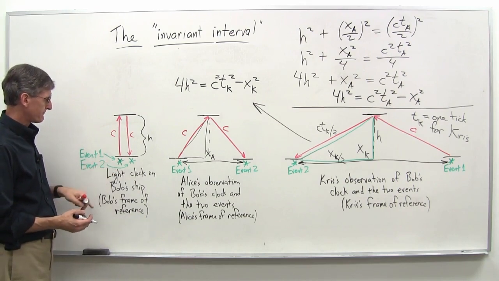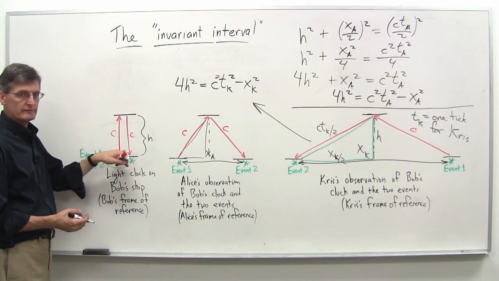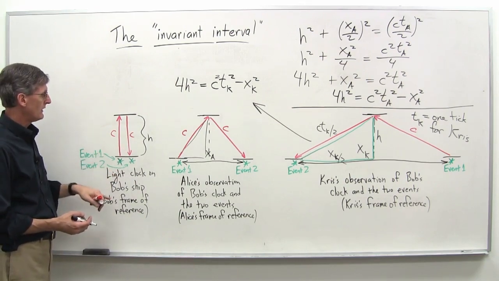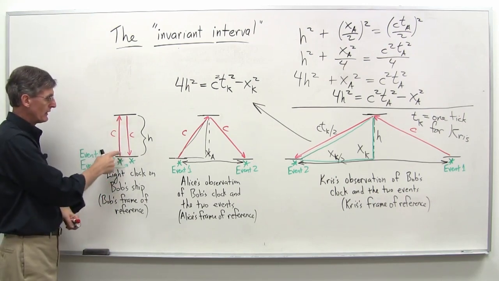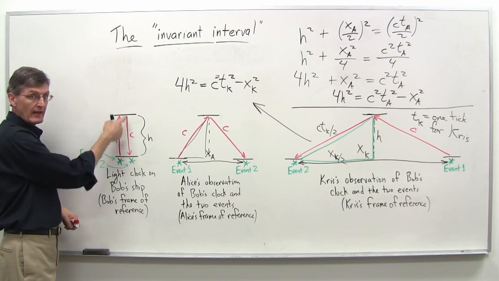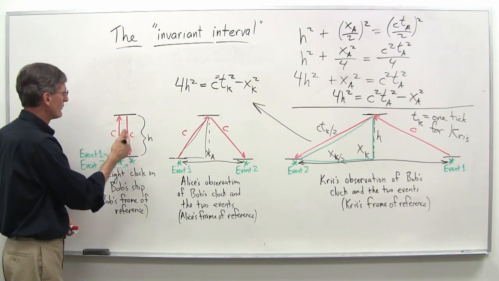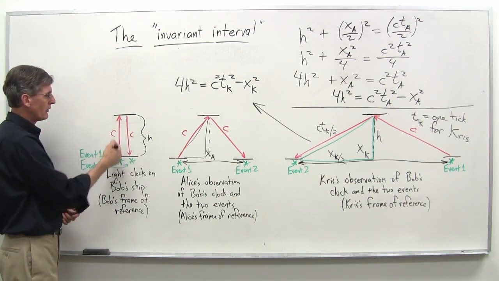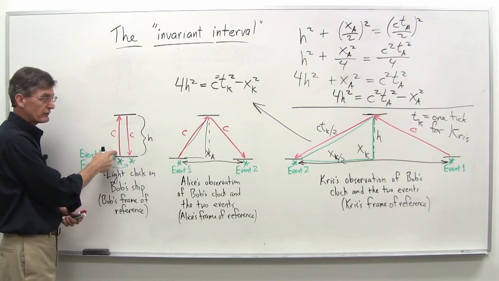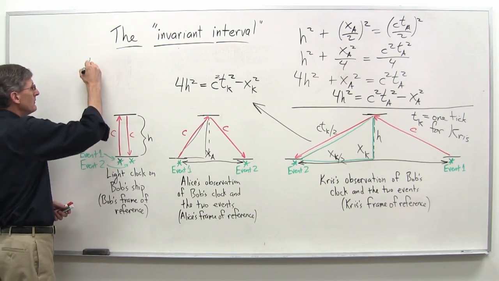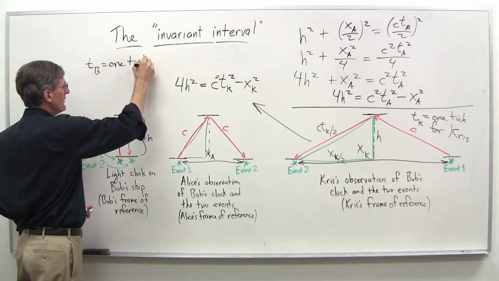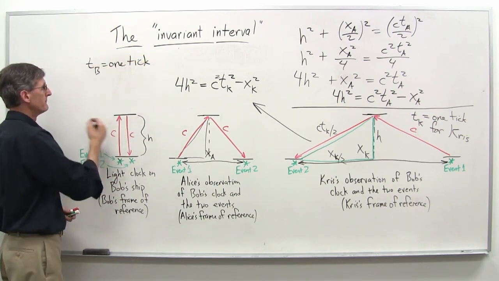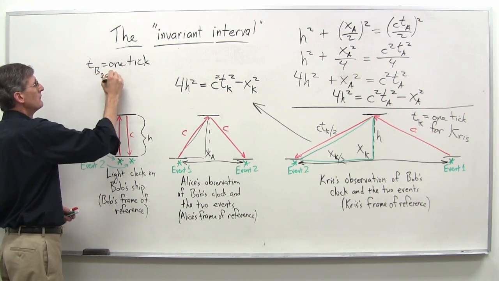For Bob, what would he have here? Well, he has the up trip and down trip. So it's h up and h down, right? So that's 2h. So we know that light travels, for him we'll say T sub b equals 1 tick on his clock according to Bob.